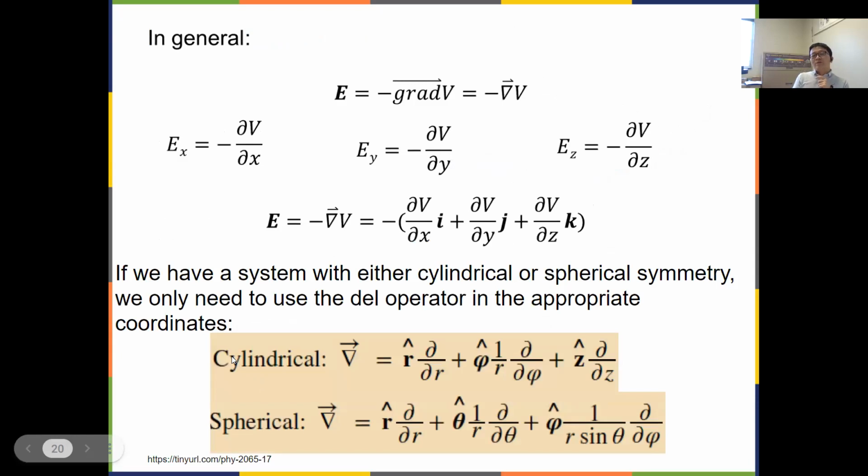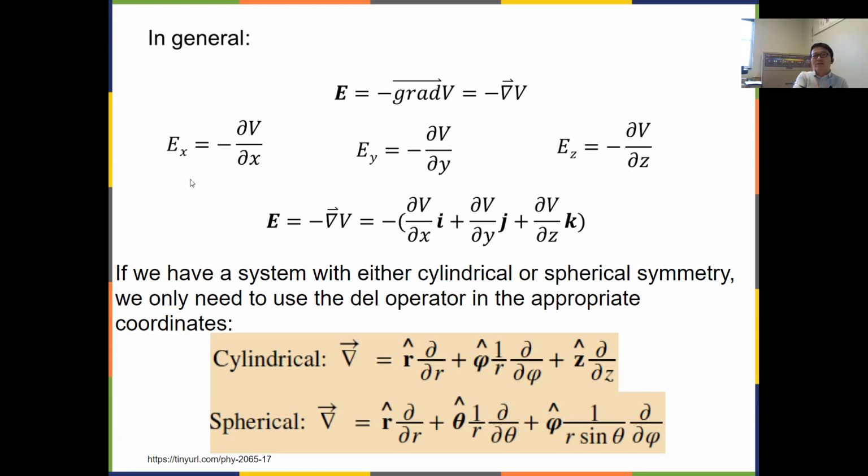So then the 3 components of the electric field can be found by taking derivatives with respect to x, y, and z. So now we have 3 variables involved. In that case, if they all appear together, then you can only write them as partial derivatives because there are 3 variables, but you are taking the derivative with respect to only one of them.